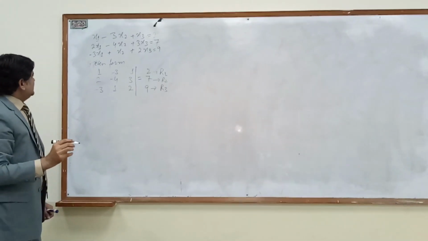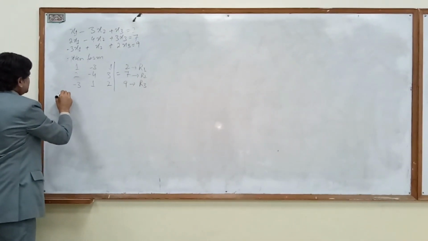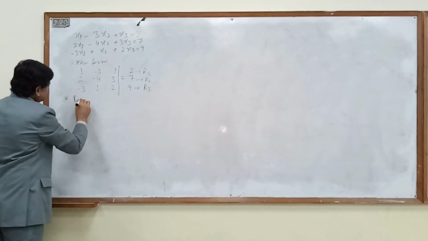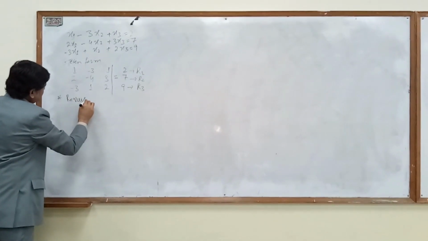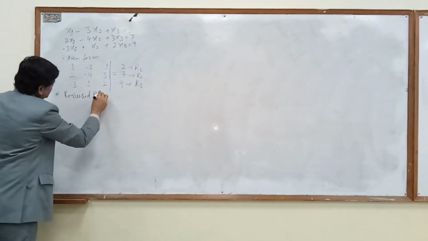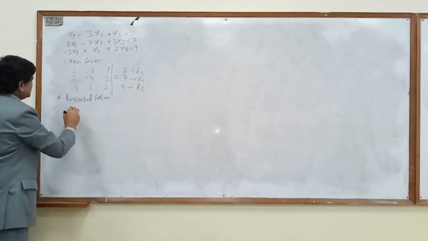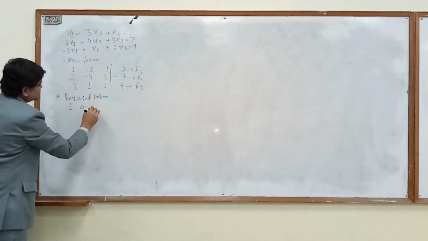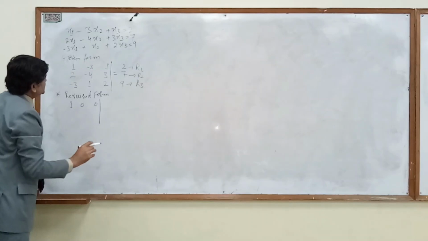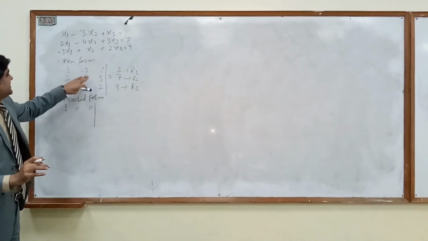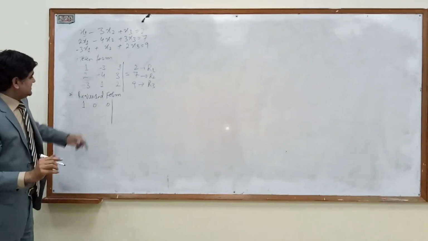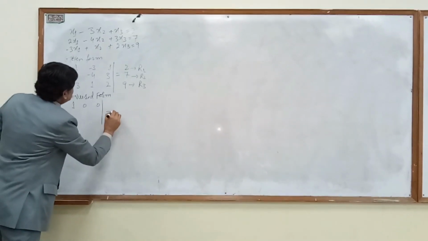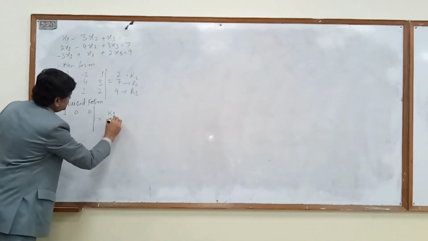Okay, students? And the other one is the required form. Required form is 1, 0, 0. So the order of the system is 3 by 3, equal to K1.